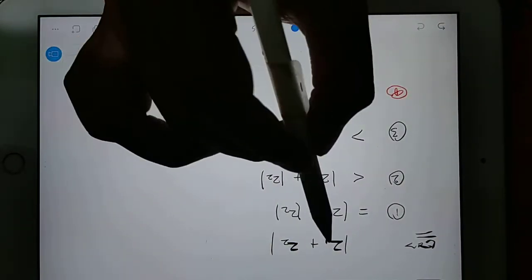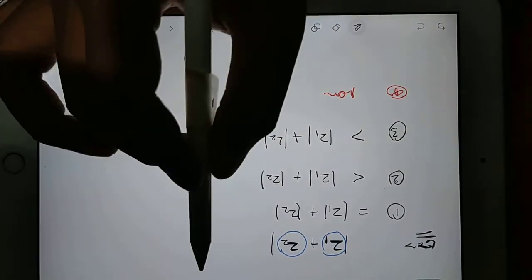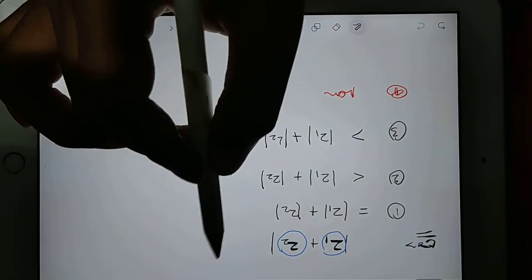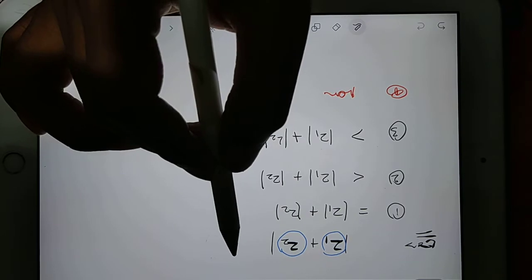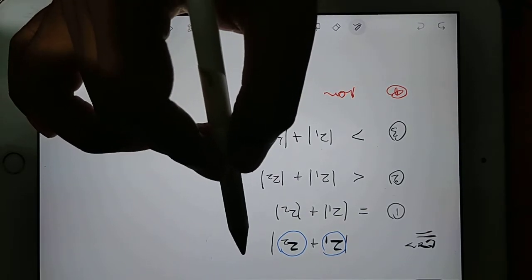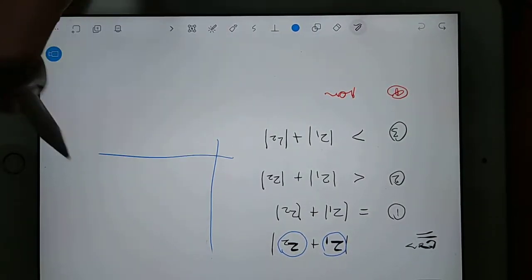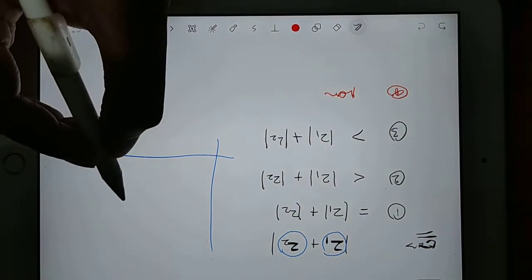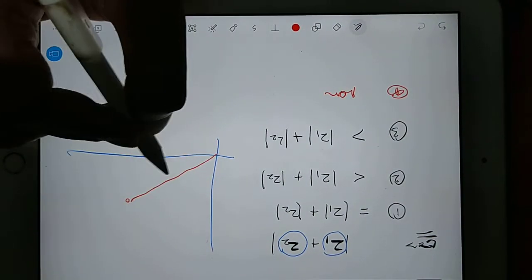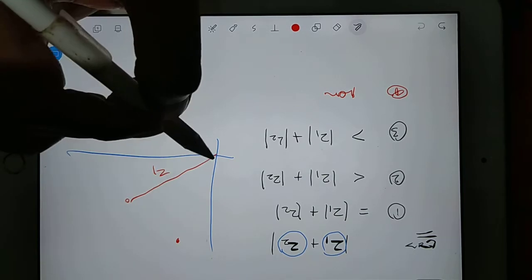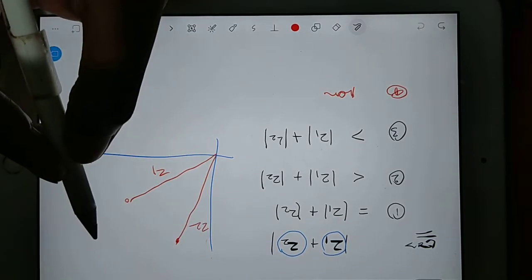So what is your Z1, what is your Z2? They are two complex numbers. You can consider them as vector quantities. In this plane, suppose this is a point, and if you draw it, this will represent Z1, and suppose this is another point, this will represent Z2.